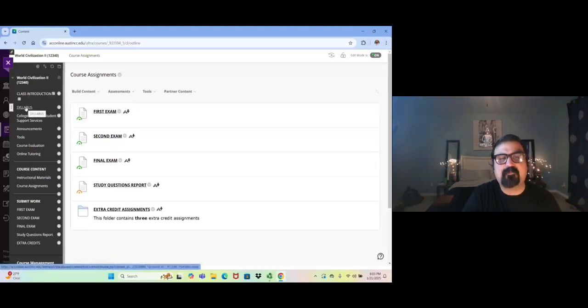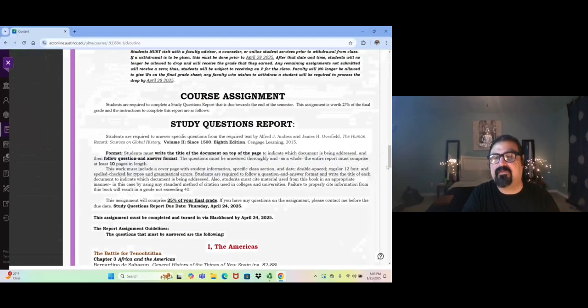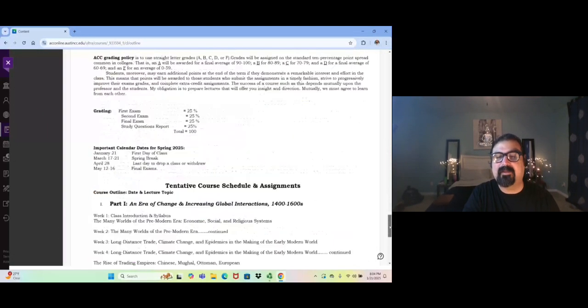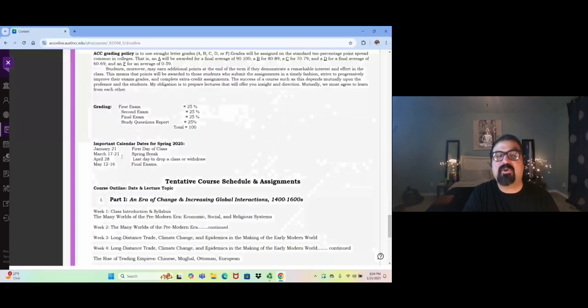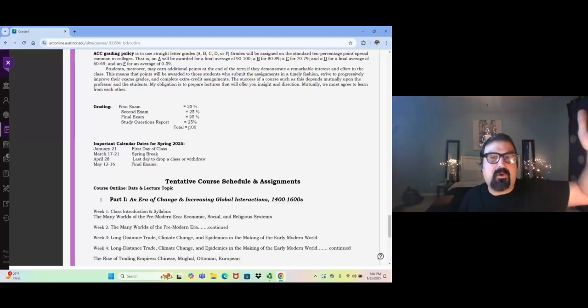At the very end of the document, we look at grading. There are 4 major components. First, second, final exam, and the study questions report are 25% each of the final grade. Now, if you have extra credit assignments, you add points.